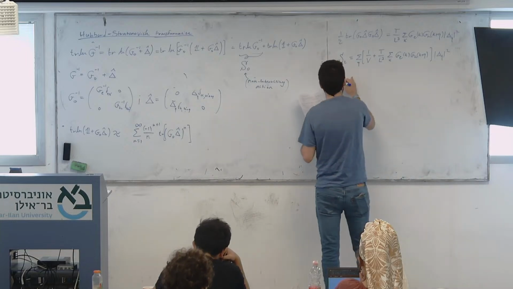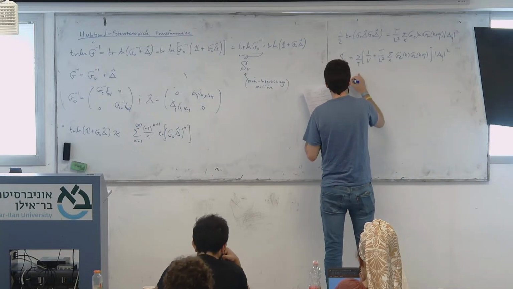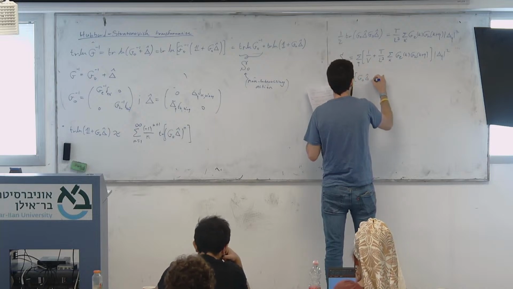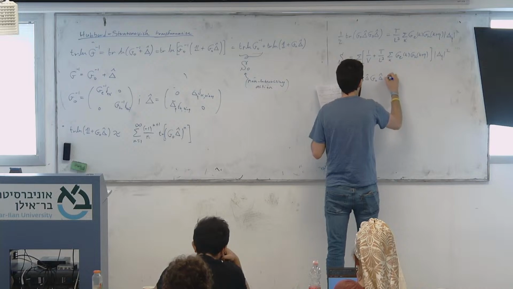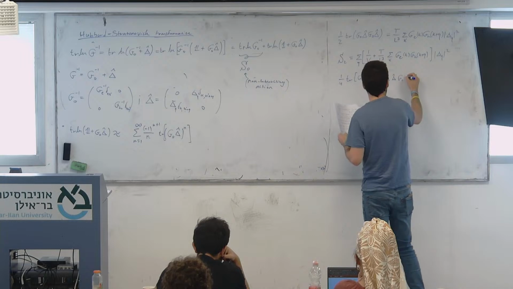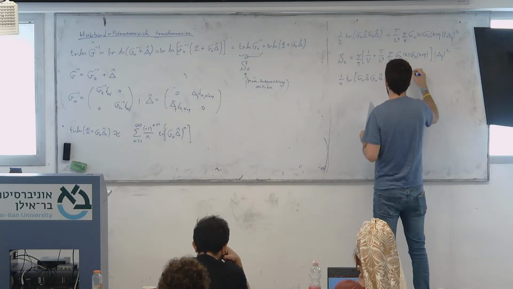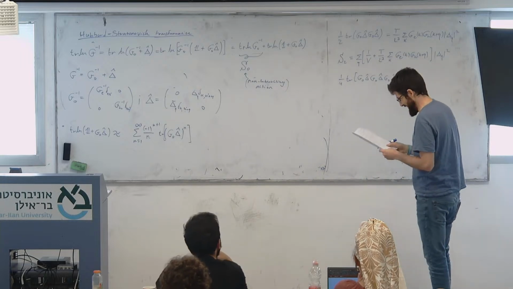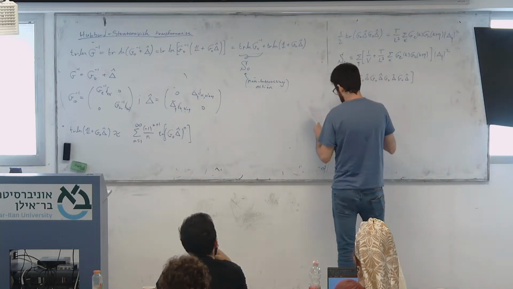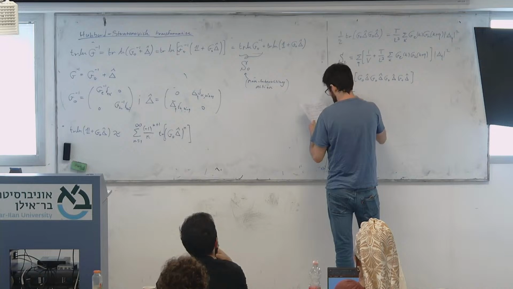Similarly, we can look at 1/4 trace of G naught delta, G naught delta, G naught delta, G naught delta. And this guy gives in the same way T over 2L cubed.